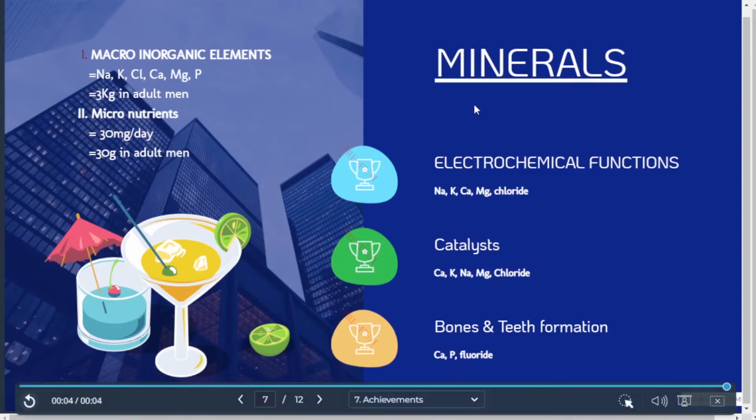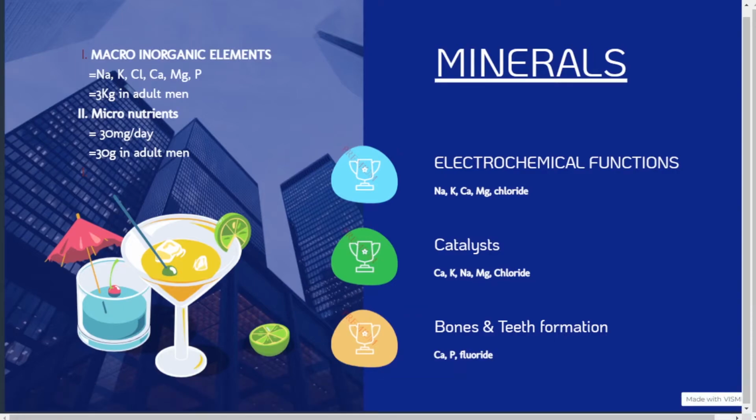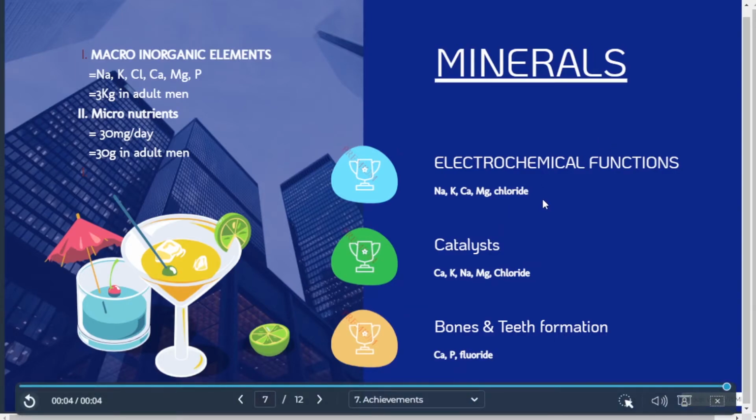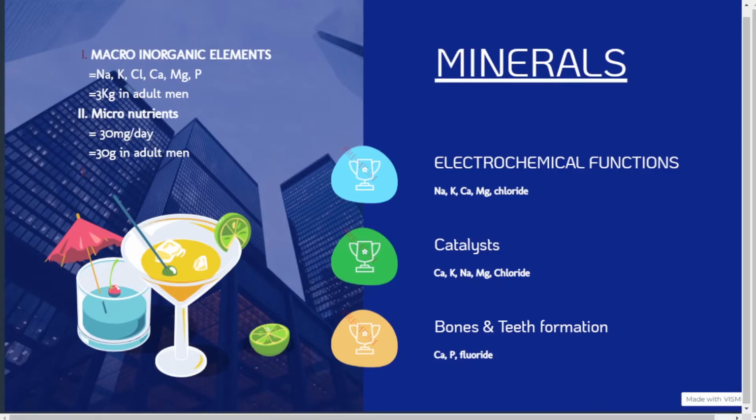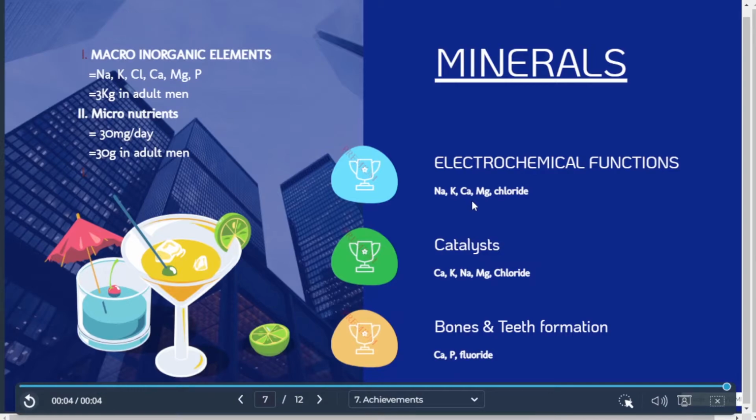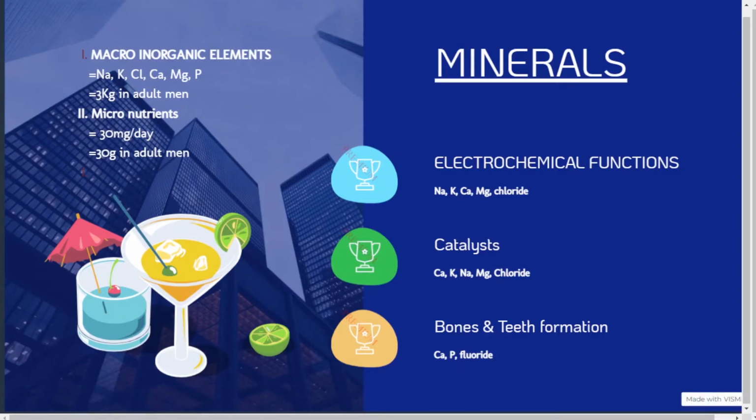Now minerals have different functions, as I have already told you. To be very specific, there are electrochemical functions. They are involved in transmissions of electric energy, and here you can see sodium, potassium, calcium, magnesium, and chloride are involved. And catalyst. I hope everyone understands what a catalyst is.